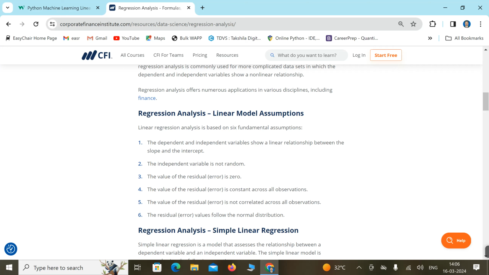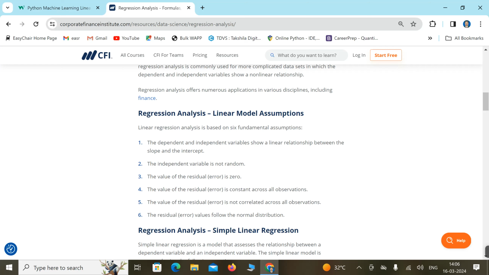There will be a formula. We can predict. So in the case of linear regression analysis, we can predict the future variable because it is satisfying the line. So the second assumption is that the independent variable cannot be random. Then the third concept is that the residual value or the error value is always zero because the points are near the line.